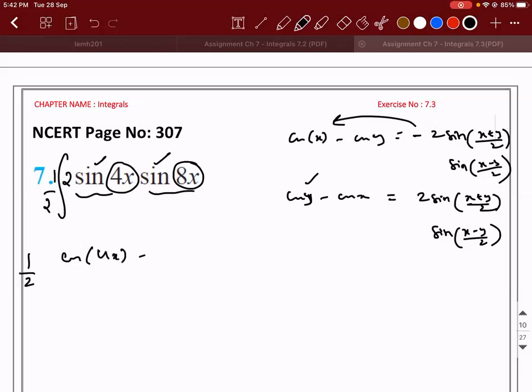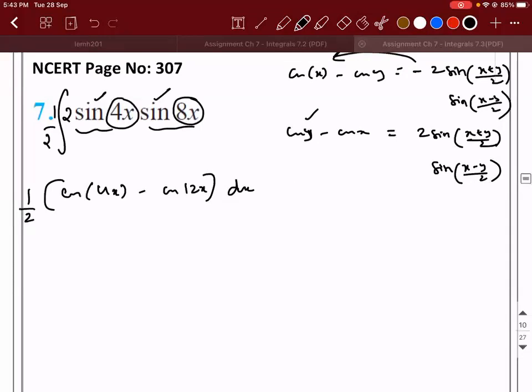Integral of cos 4x minus cos 12x. Not minus, the plus one, I made a mistake. Sin 4x by 4 minus sin 12x divided by 12 plus c.